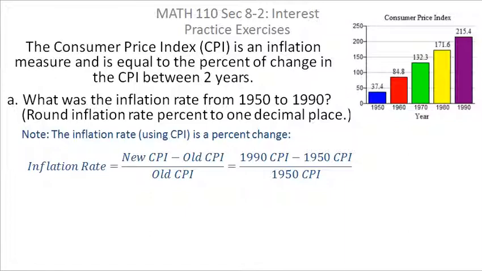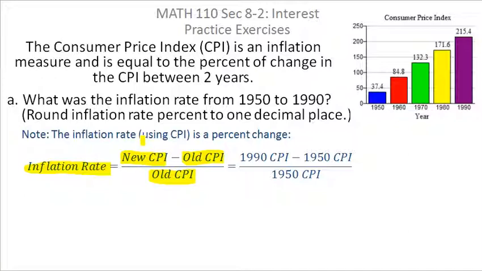When you have a percent of increase, it's always going to be the new value minus the old value over the old value. And they're telling us that the Consumer Price Index is an inflation measure, so they want us to use the rate of change formula to calculate the inflation rate based on CPI.